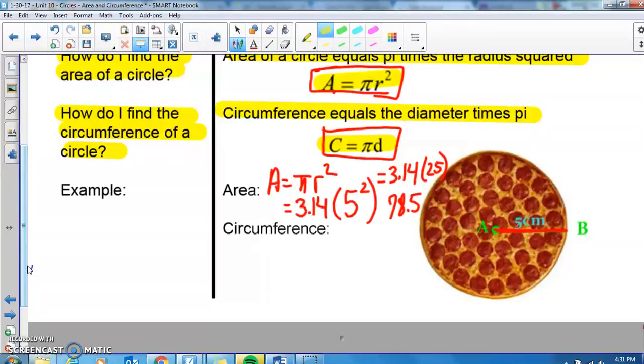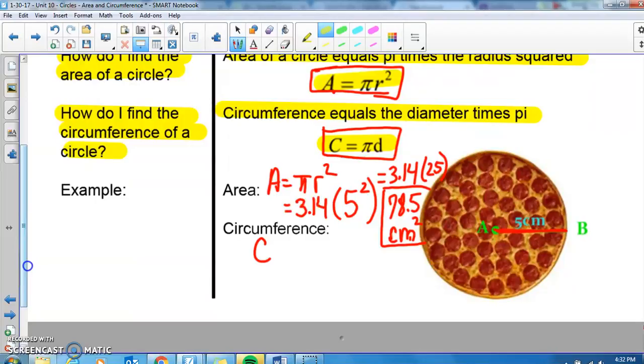So our answer is 78.5 centimeters. And in math, when we find an area, we say squared. So it's 78.5 centimeters squared. Okay, that represents the area.